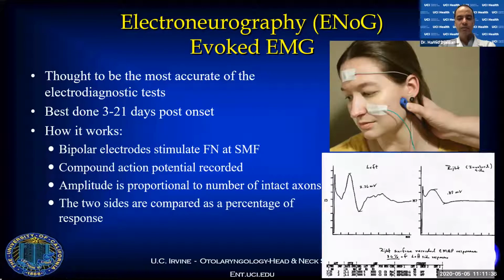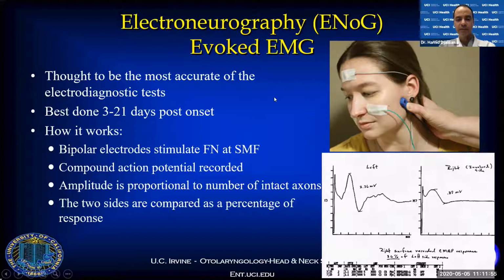The test that we use most commonly in our field is the so-called electroneurography or neuronography, or so-called ENOG, which is really essentially an evoked EMG test. So it's an EMG test, and you're stimulating the nerve, and so you get a recording.